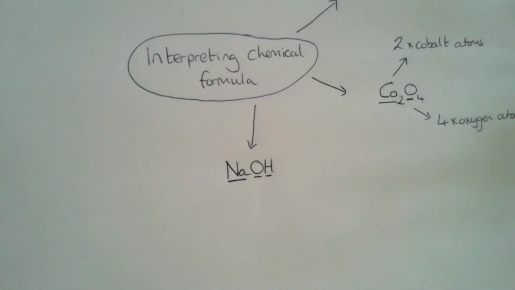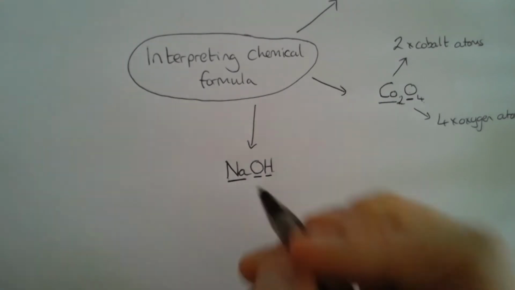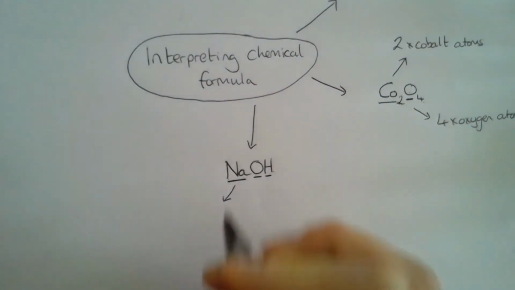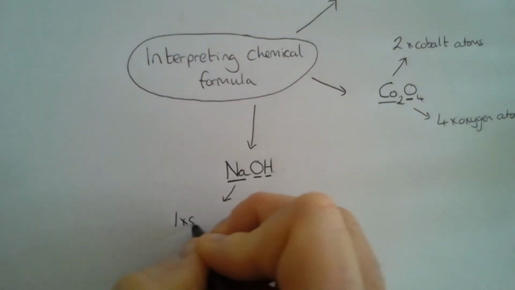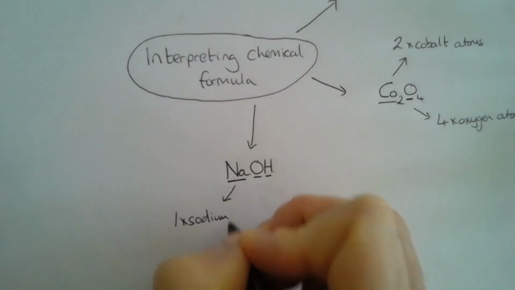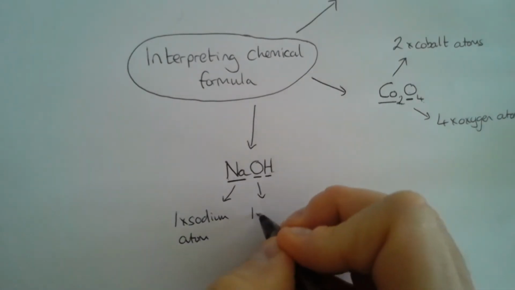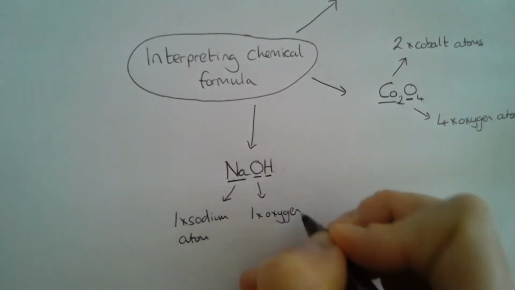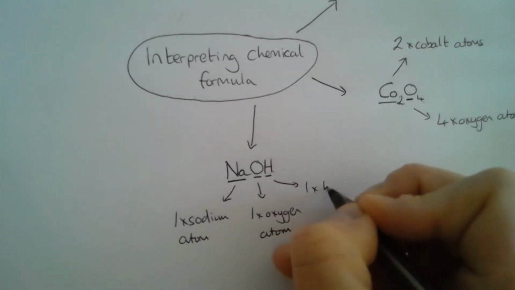There's O, and then there's H. So these are 2 separate elements. So having done that, and we'll find on the periodic table, maybe we know that Na is the symbol for sodium. So there is 1 sodium atom here, 1 oxygen atom, and 1 hydrogen atom.